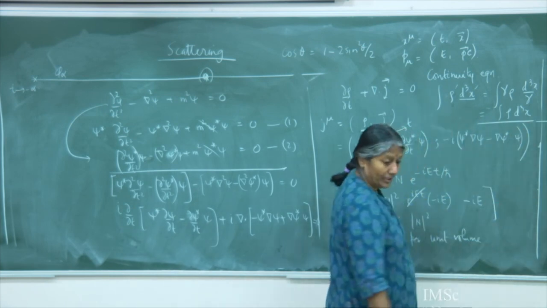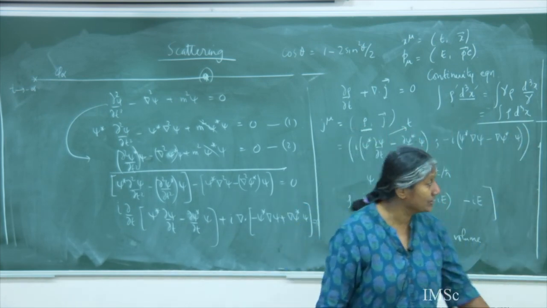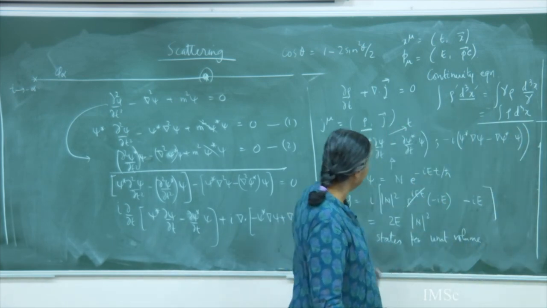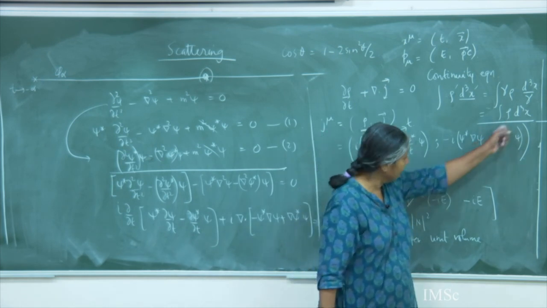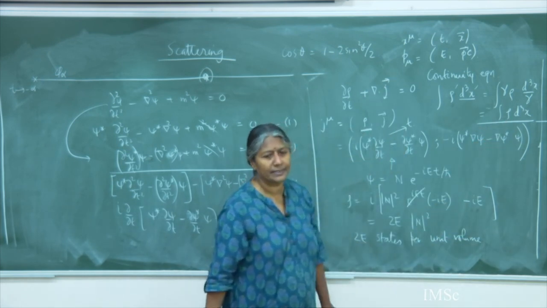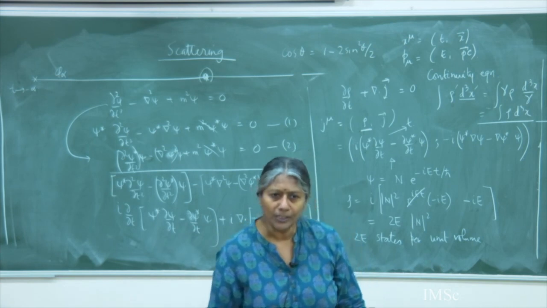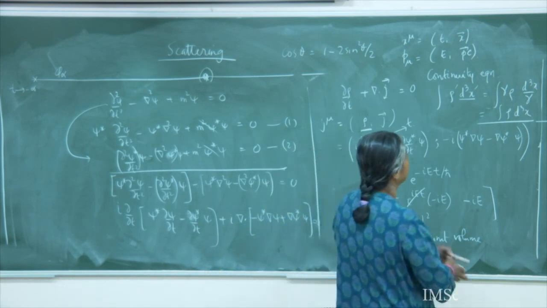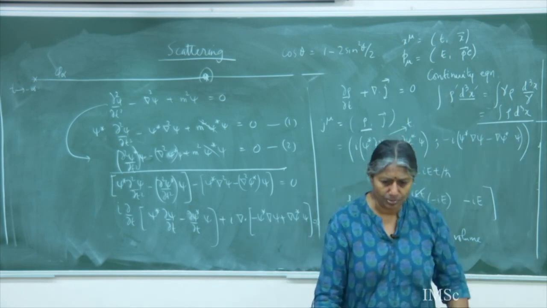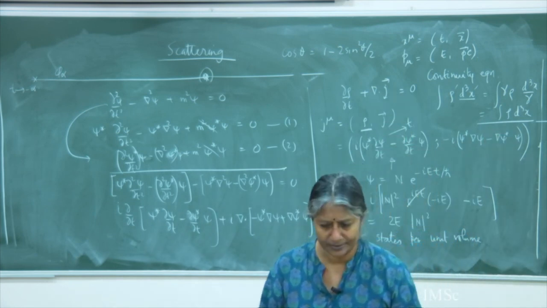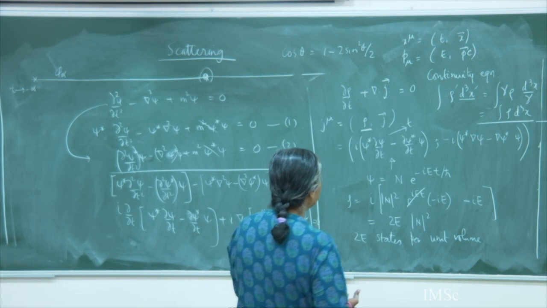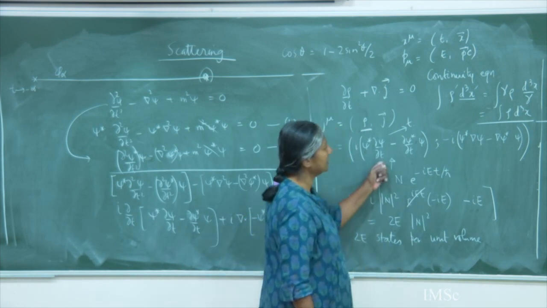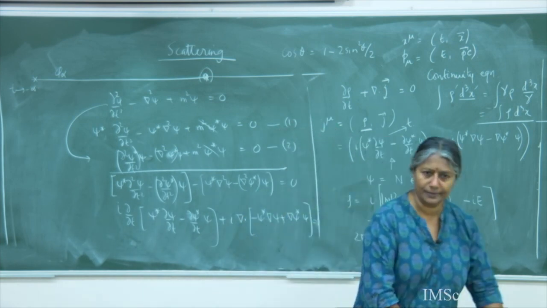Yeah, so that's very important, because rho d cubed x is an invariant, and that is an invariant only because rho transforms as a time component. Okay, so the total density is conserved, so it still makes sense to talk about probability density of states and that it is conserved, but that is only possible when rho has this definition and not psi star psi. Okay?